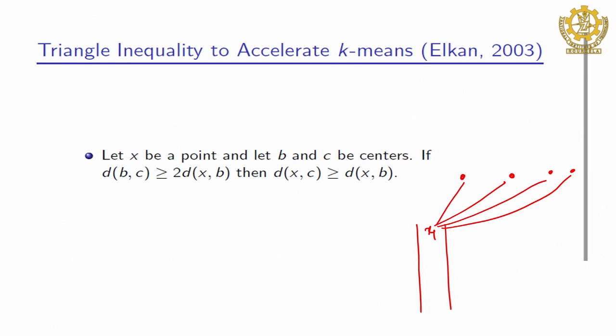That is the k-means algorithm. So if there are n points, for each point we compute k distances. Therefore, in a single iteration we compute n into k distances, where k is the number of clusters.